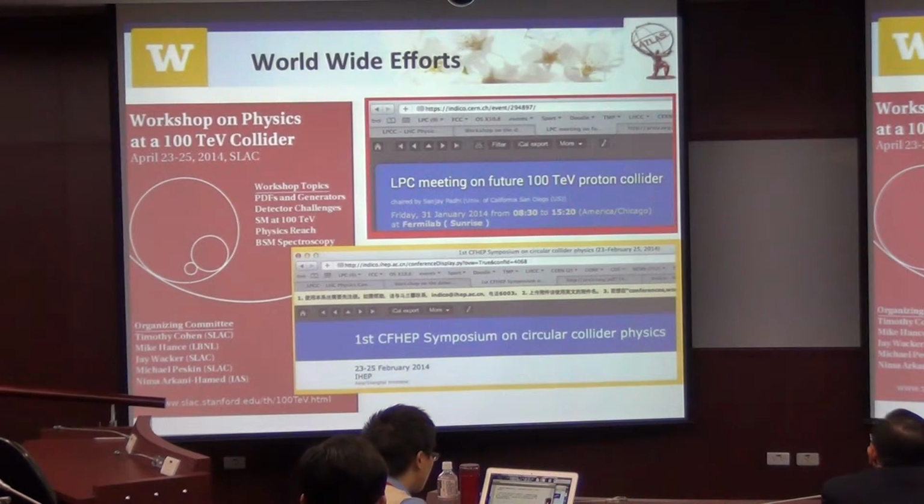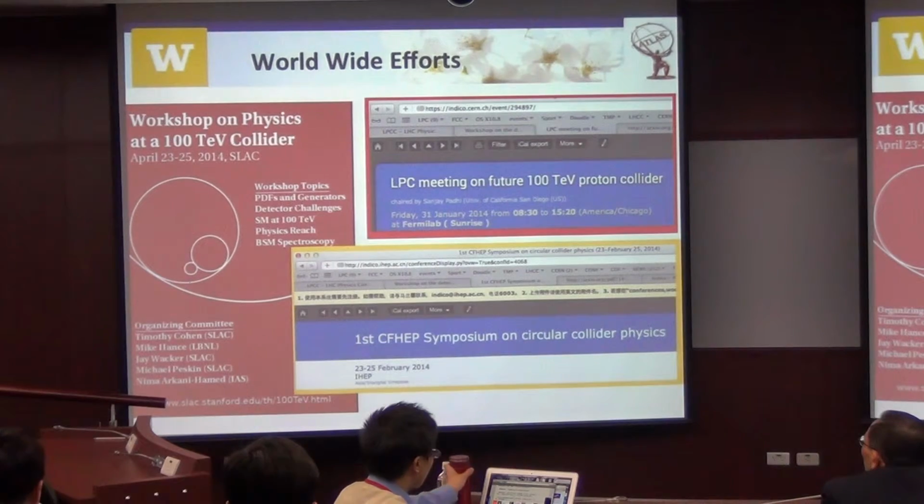Okay. So I will use the last 10 minutes to talk about the machine beyond the typical LHC kind of program I just explained to you. Now there are several efforts ongoing actively talking about a 100 TeV collider.